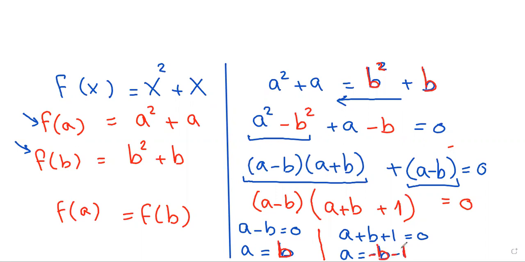So you might find two values on x that have the same image on y, because we have two different values for a, and a is not equal to b. So this function is not a one-to-one function.